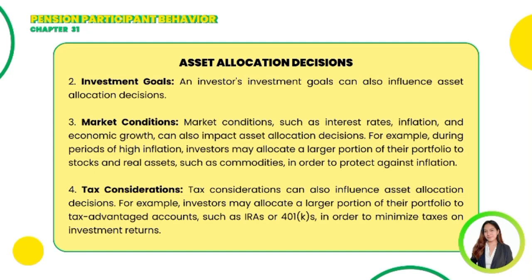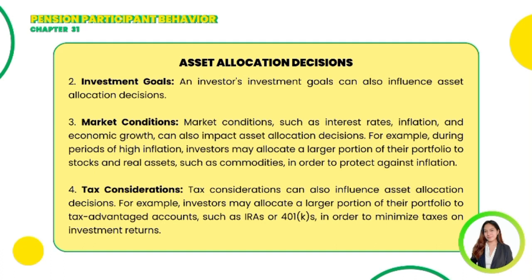Third one is the market conditions. Market conditions such as interest rates, inflation, and economic growth can also impact asset allocation decisions. Inflation erodes the purchasing power of cash and fixed income investments, so investors may increase their allocation to assets that can potentially provide a hedge against inflation, such as stocks and commodities. In addition, during periods of low interest rates, investors may also allocate a larger portion of their portfolio to stocks and other higher risk assets, as fixed income investments may provide lower yields.